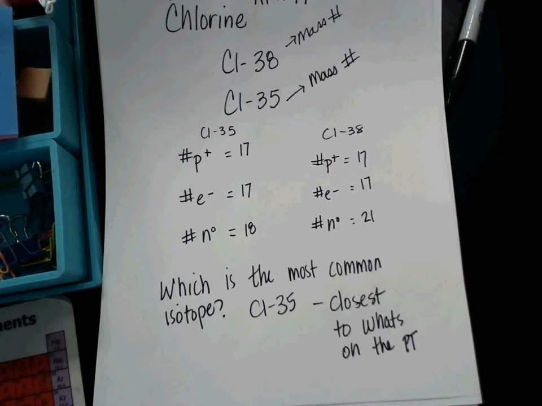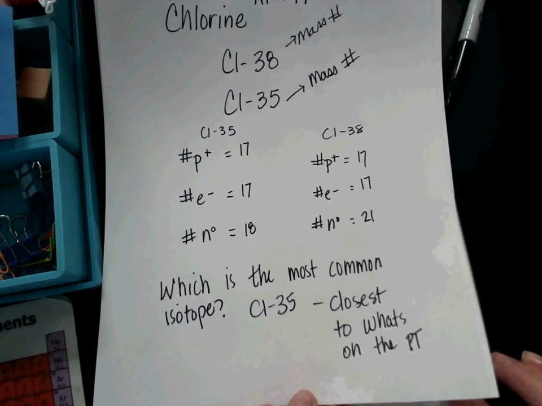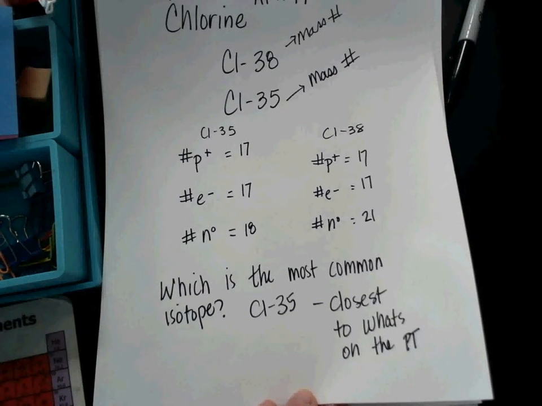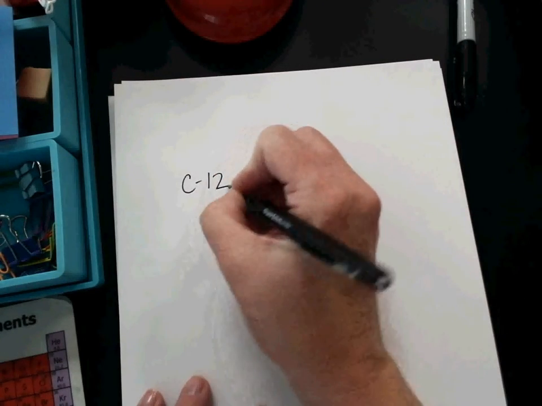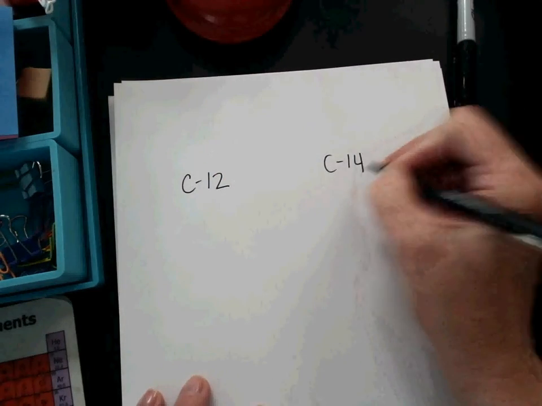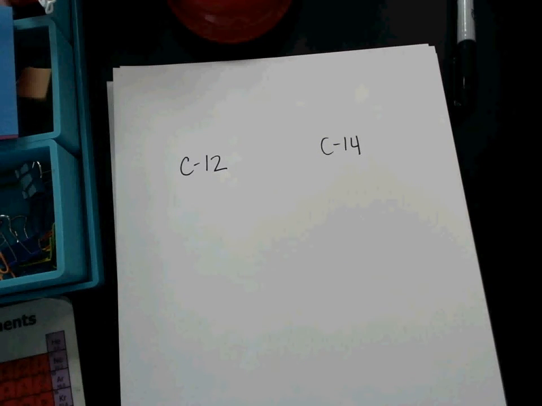I'm going to give you one more example to try. Let's work through this same process with, let me think of one. Oh, we'll just do a simple one. We'll use carbon 12 versus carbon 14.